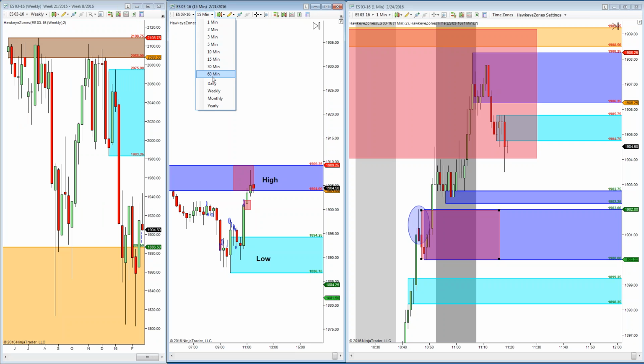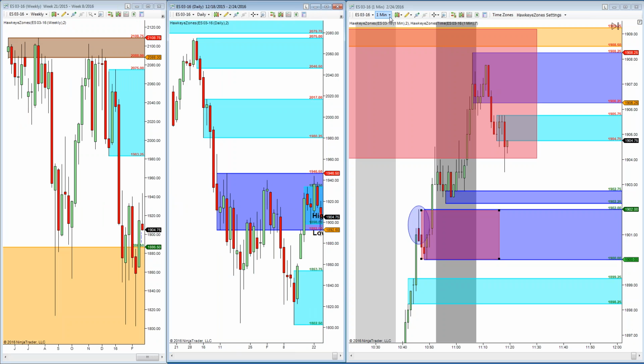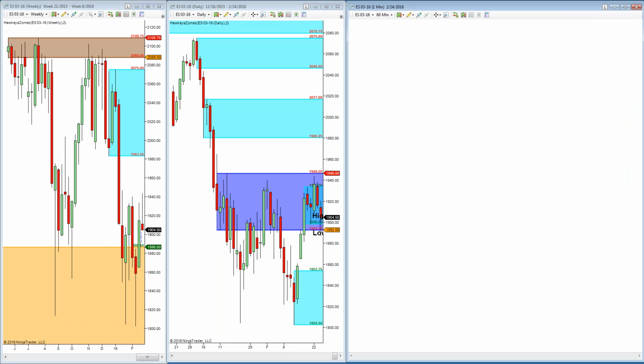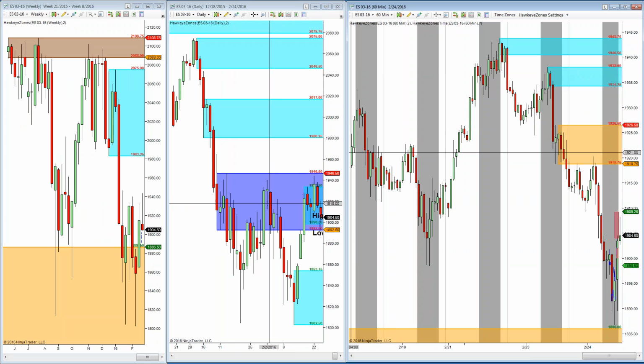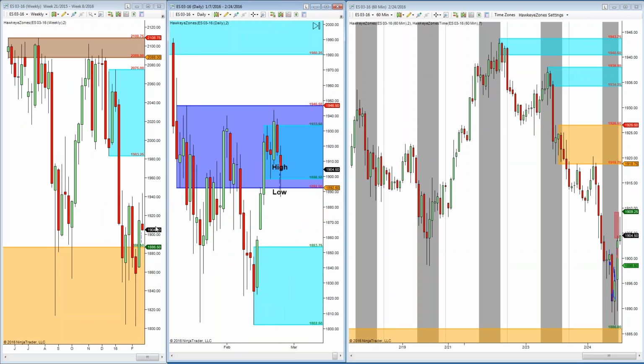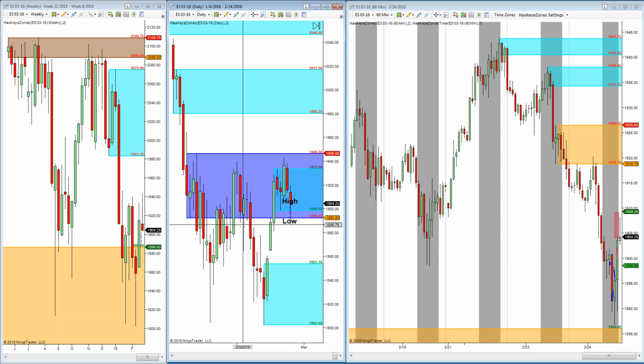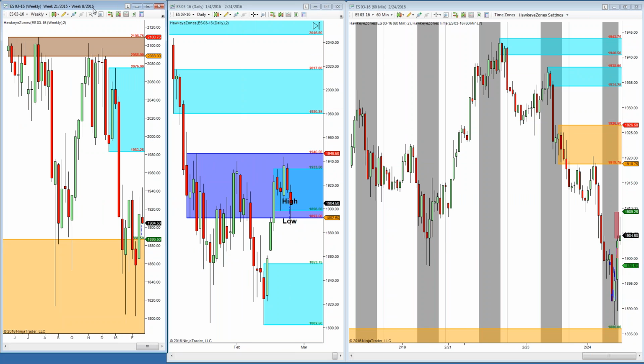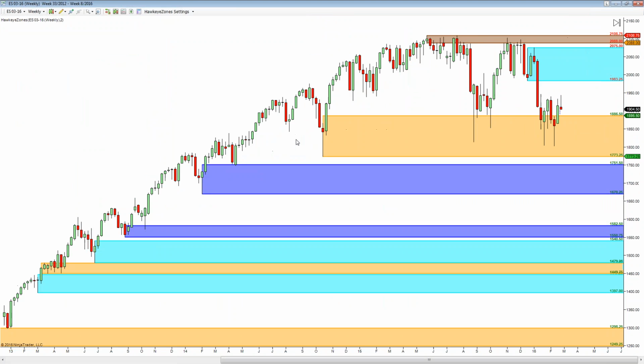Then we go into the daily and maybe a 60-minute or a 4-hour type of time frame. All right, so that's what I would be using for the dailies or for the swing trading perspective. Okay, so I hope that makes sense as far as how this stuff all reads out. And you can see how the 60-minute came down to that bottom zone area.